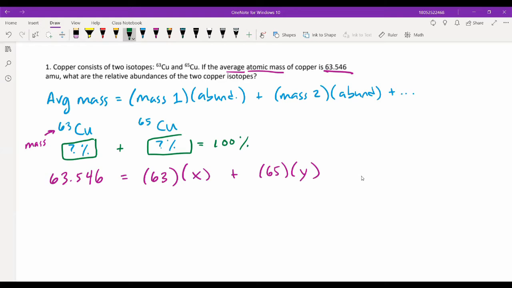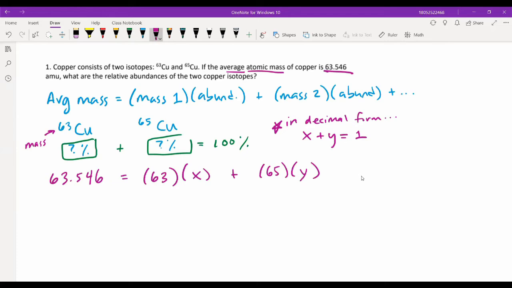So in decimal form, which is how we want to represent it in this equation normally, this is divided by 100. So if you add up the decimals, they're going to add up to 1. So in decimal form, X plus Y will always add up to 1. Okay, so that's our trick.